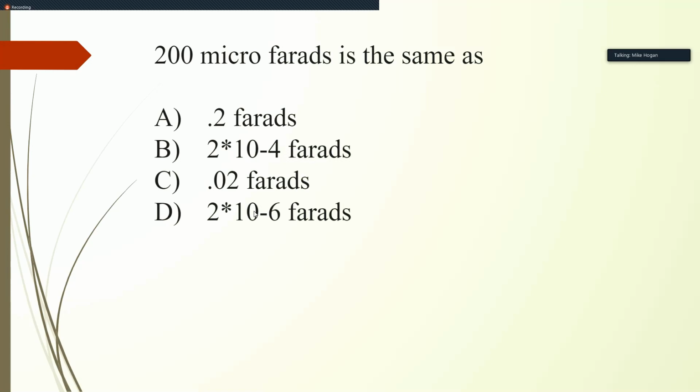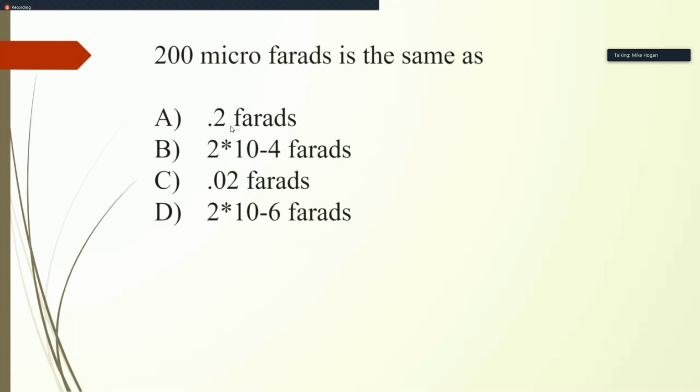Now, keep in mind what this says, this looks a little confusing, but what they're saying here is 10 to the -4 or 10 to the -6. This is a power, right? This is supposed to be an exponent. So 2 times 10 to the -4 or 2 times 10 to the -6.